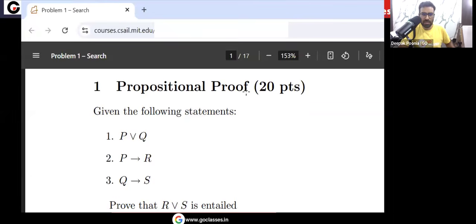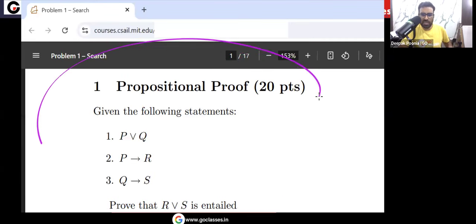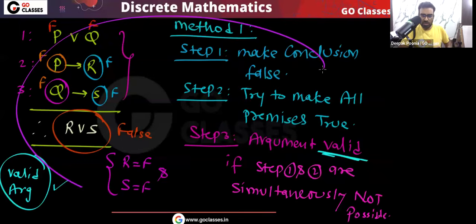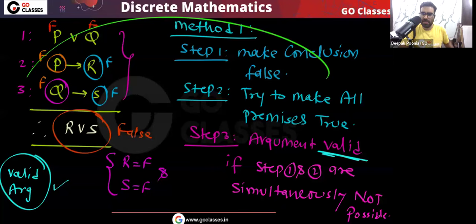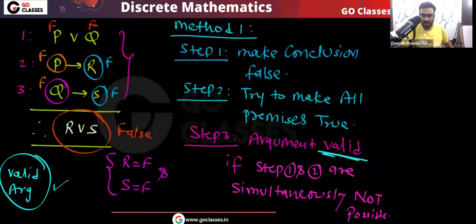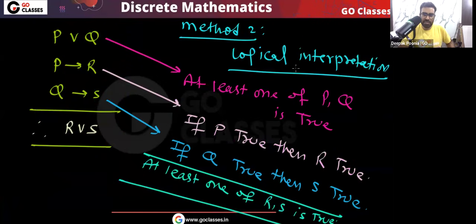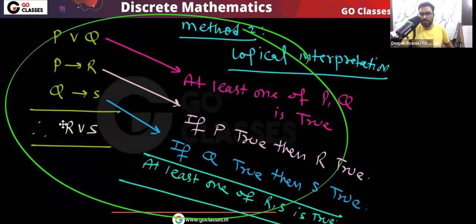I hope you understood. So we have solved this question using two methods. Which method did you like more, method 1 or method 2? Method 1 is also a very good method, because the chances of error are very low. But method 2 is more efficient, more intuitive, and gives you more insight about the argument, but there is a possibility that you can make a mistake.